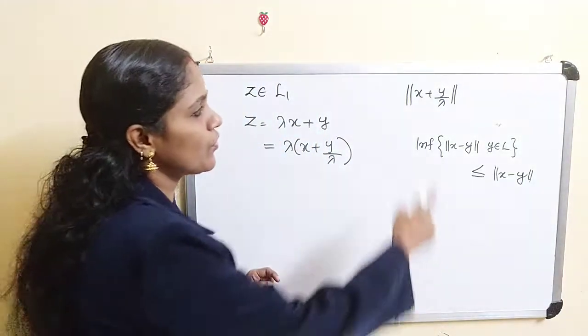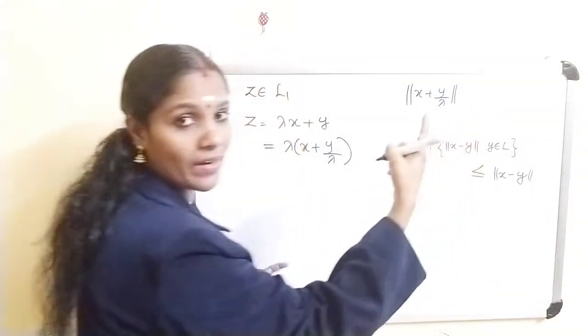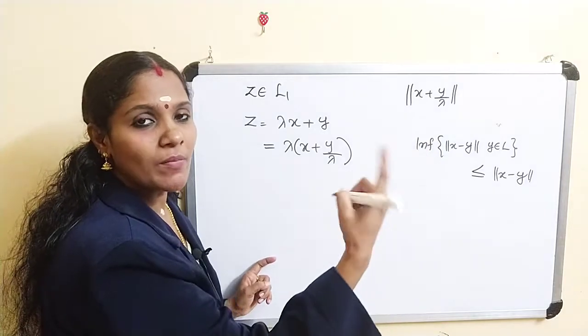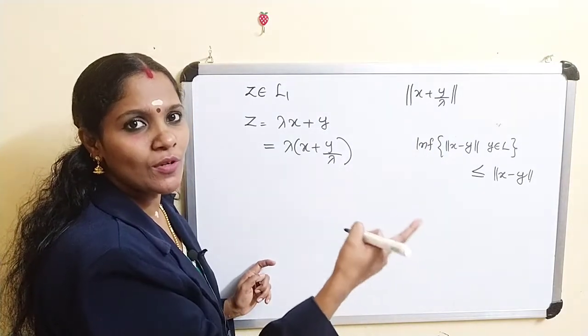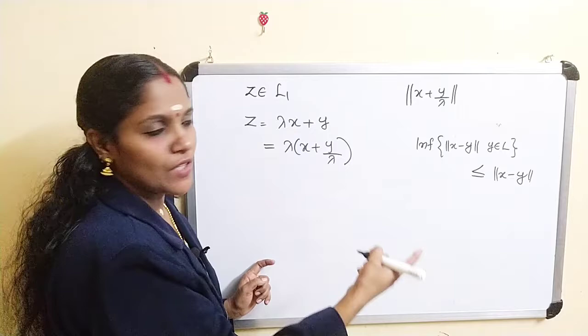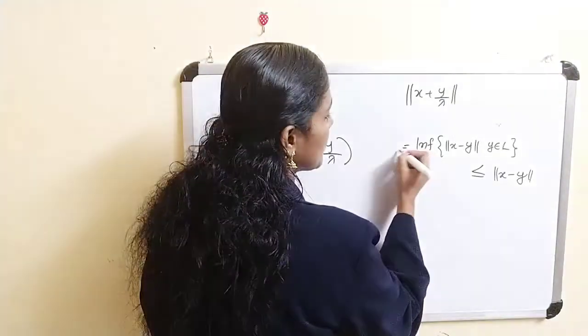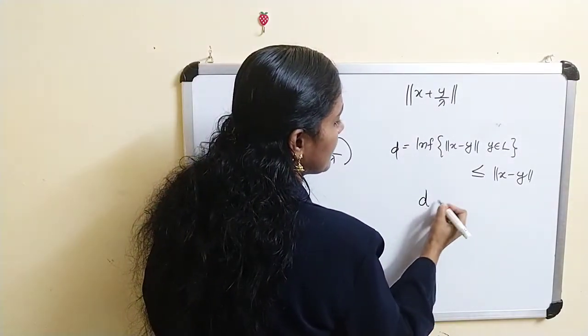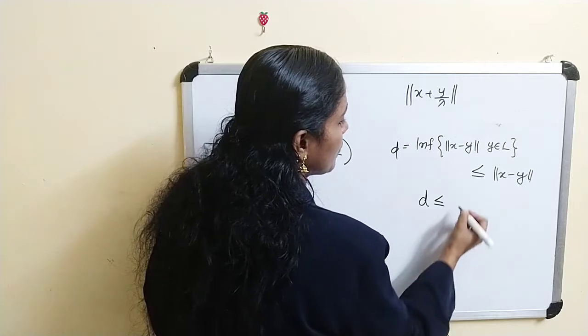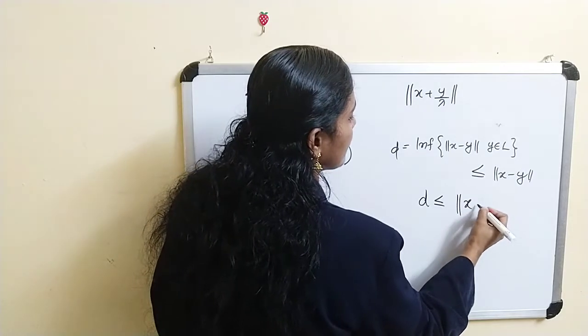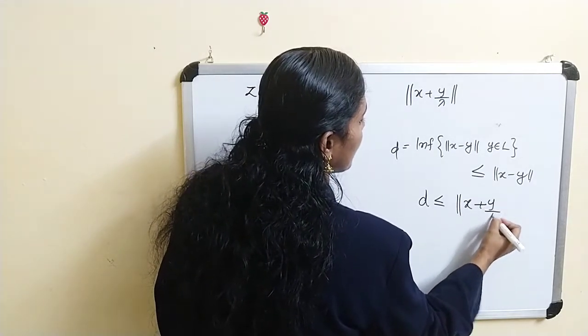Therefore, here if you take y by lambda, clearly minus y by lambda also belongs to our set L. Therefore, clearly this is actually d. D is clearly less than or equal to norm of x plus y by lambda.